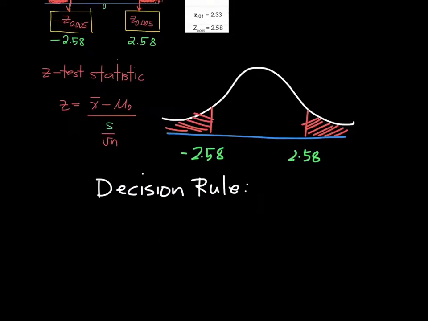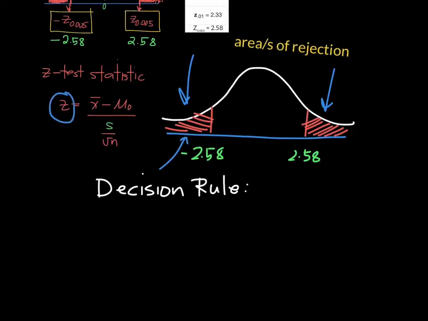If we refer to the diagram, the red regions are the critical regions, or the area of rejection. So if this z value falls on those regions, then we have to reject our null hypothesis.